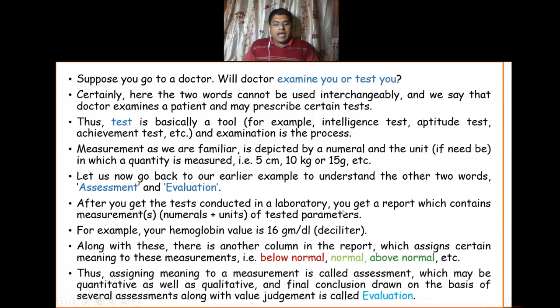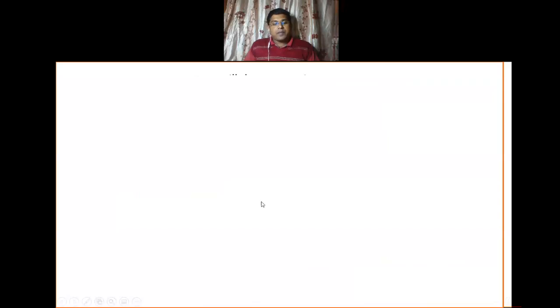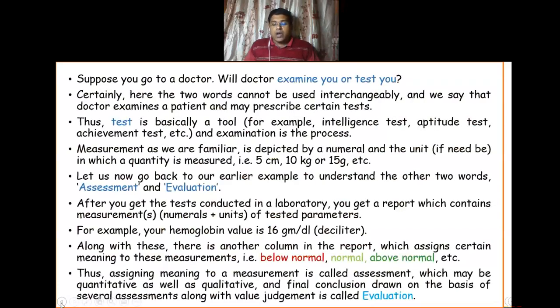Thus, assigning meaning to measurements is called assessment, which is quantitative as well as qualitative. The final conclusion drawn from several things, finally called a judgment. When we give the conclusion and judgment, it is called an evaluation. So these are the five things.